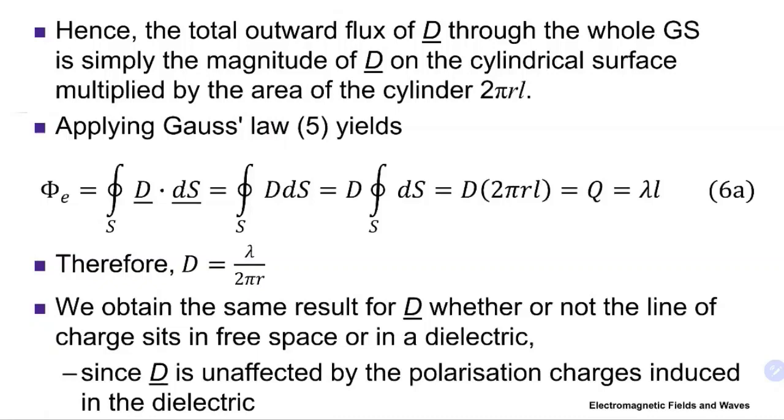So D dot dS can be simplified to D times the magnitude of dS, and D is constant, so we can take D out of our integral.